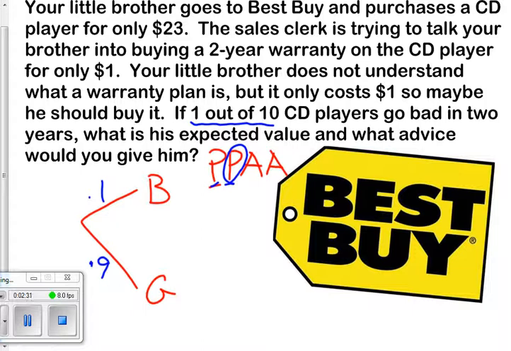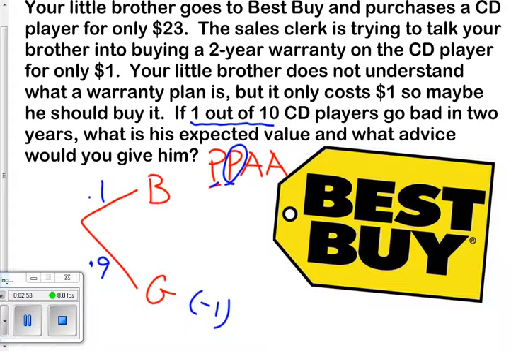Now the amount. We've got to figure out the amounts. So let's say it's good. Let's say nothing happens to it. What would our amount be? Does anyone know? It would be just -1 because you spent that $1 on the warranty and you're not going to be really using that warranty, so you're out $1.